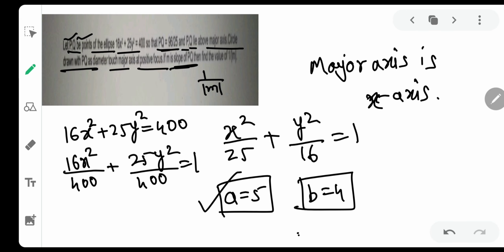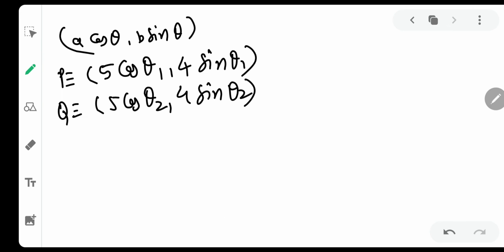What they have said is it lies above the major axis. It lies above the major axis means theta will be between 0 to 180, and the circle is drawn with PQ as diameter and touches the major axis at the positive focus. So let me calculate the focus here. The positive focus can be treated as c comma 0.